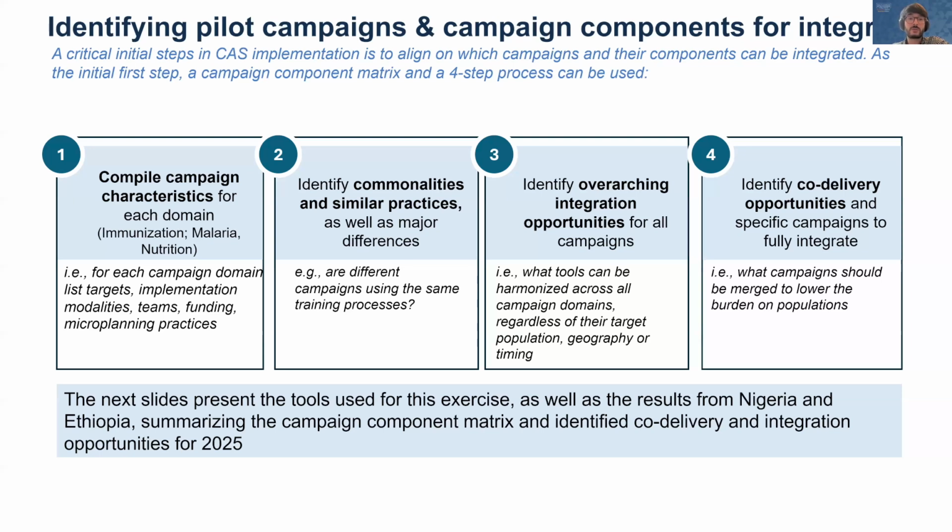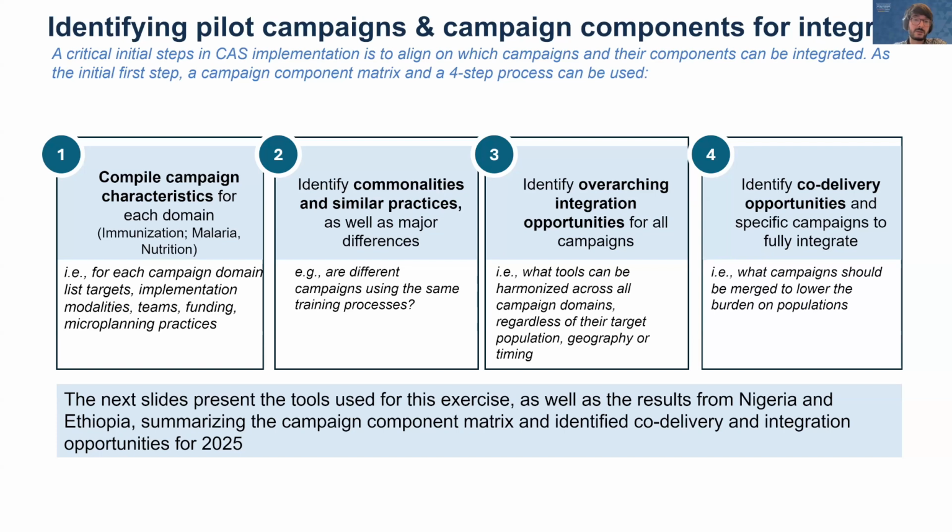So the way it was done is that information is first gathered on each campaign health domains, including targets, teams, timelines, funding, and planning processes, creating a clear view of how campaigns are structured and delivered. Then the shared practices are considered. For example, do campaigns use the same training methods or delivery teams?